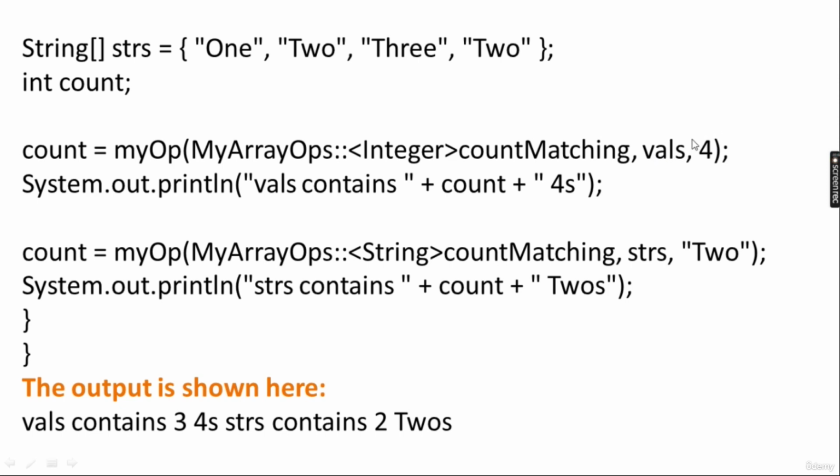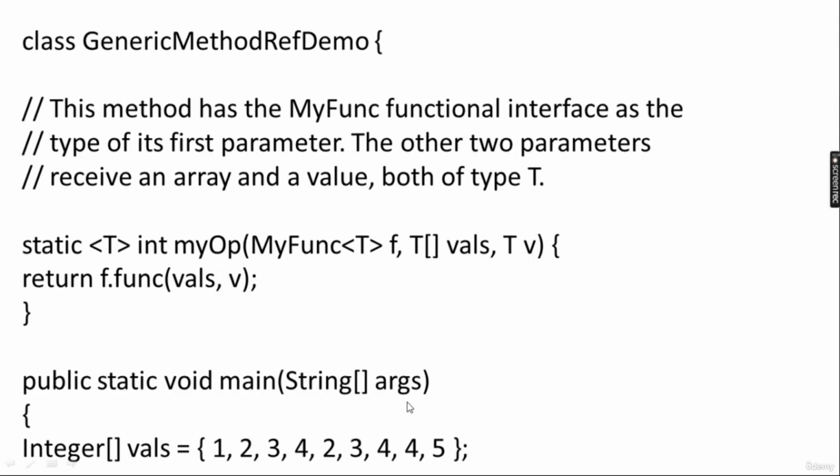And what is the method definition? This is the method definition, countMatching. So the MyArrayOps class has a generic method, with Integer as the type, and the method name is countMatching, and we want to find out how many times 4 is appearing in the values when we call the public static void main.